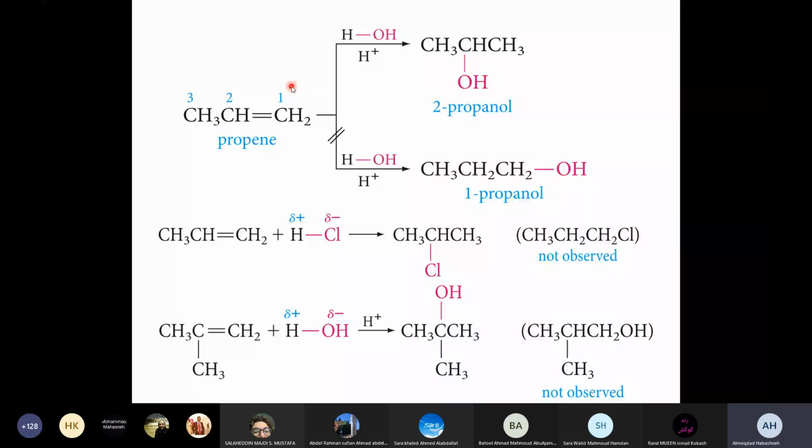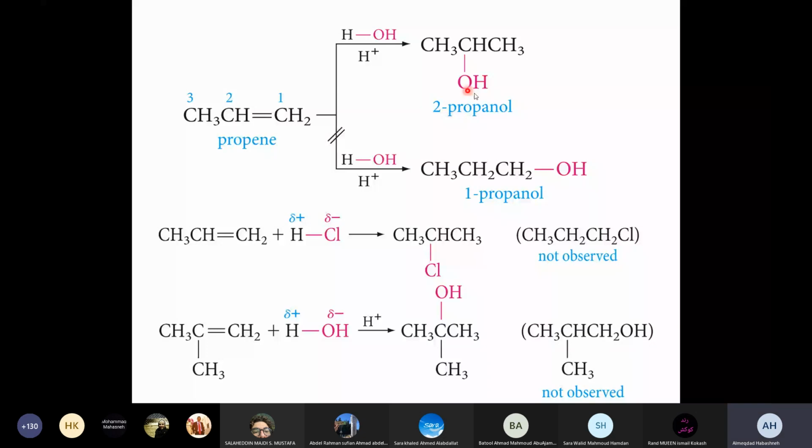Then you have two choices. If you add the hydrogen here, this carbon number 1, CH2, and you add the OH at the CH at the double bond, you get this product which we call 2-propanol or isopropanol.